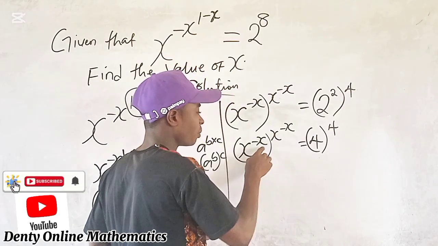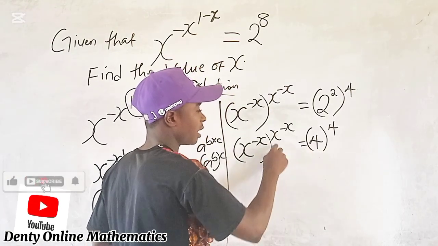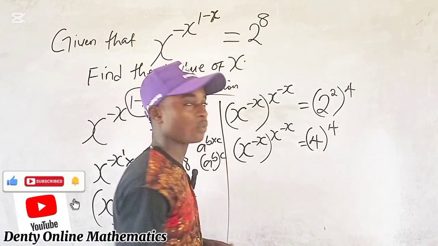Now let's compare both sides. For the base, x raised to the power of minus x is equal to 4, and the exponent, x raised to the power of minus x, is still equal to 4.